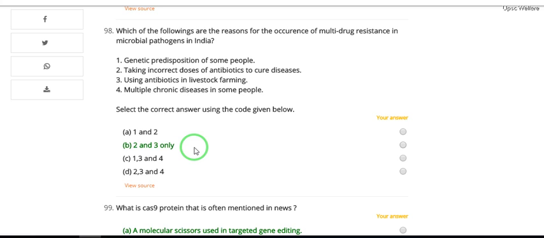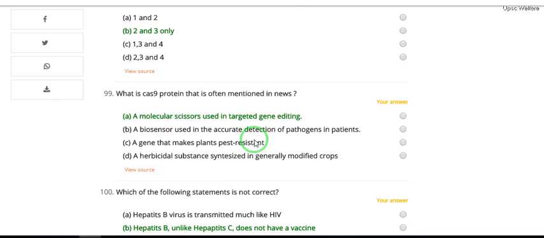We see that the 3, using antibiotics in livestock farming also, of course, and thus we are consuming it, and that is also developing antimicrobial resistance. So 2 and 3 are going to be correct. But the chronic disease in some people, multiple chronic, and genetic predisposition of some people, that is also not. So 2 and 3 we will go with as the correct answer.